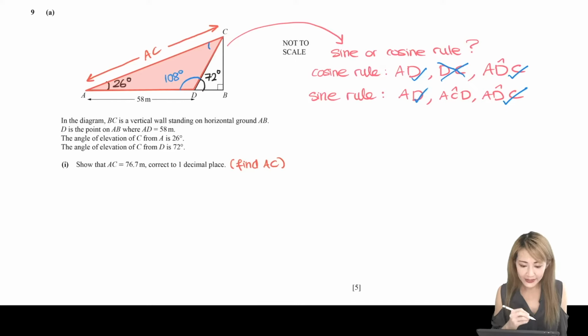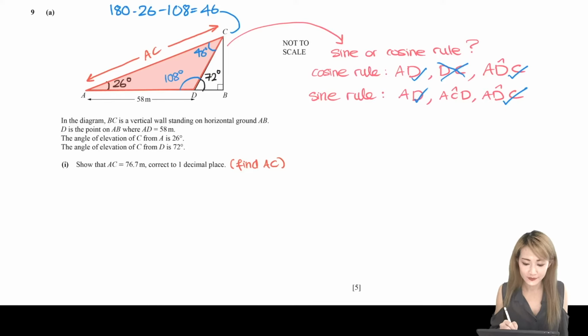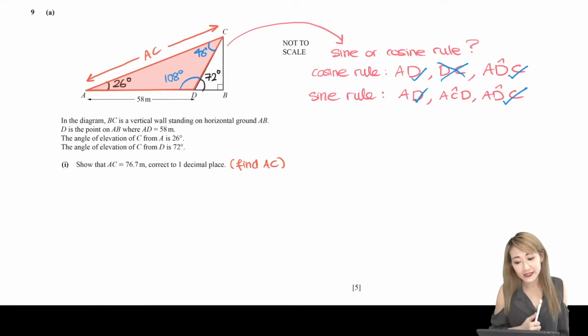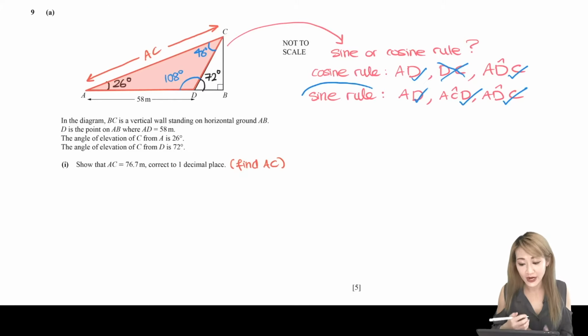But for angle ACD, we can easily find it because the angles inside a triangle always add up to 180 degrees. So this means that angle ACD is equal to 180 minus 26 minus 108, which equals 46 degrees. So we have everything we need to calculate side length AC using the sine rule.